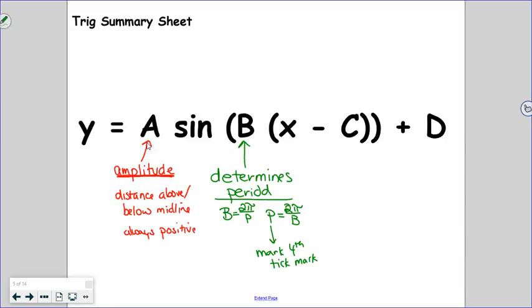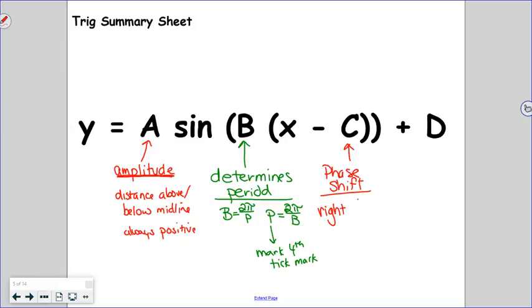C has a mathematical name called the phase shift. And again, that's the word I would use on our DCA because it's efficient and straight to the point. You could talk about how it's a horizontal shift or a movement right or left. Things that I want to remember for a phase shift is that it does just that. It's a horizontal shift. It moves my graph right or left.